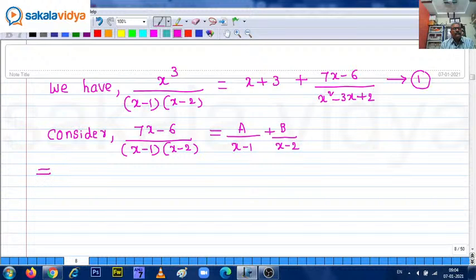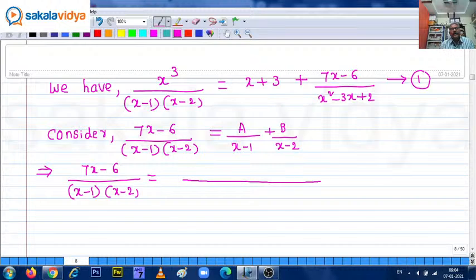So now this 7x minus 6 upon x minus 1 into x minus 2 equals to, here LCM is x minus 1 into x minus 2. X minus 1 cancel, A times x minus 2, plus x minus 2 cancel, B times x minus 1.